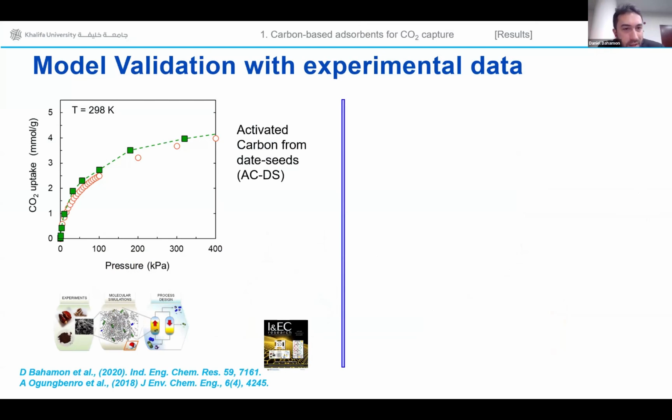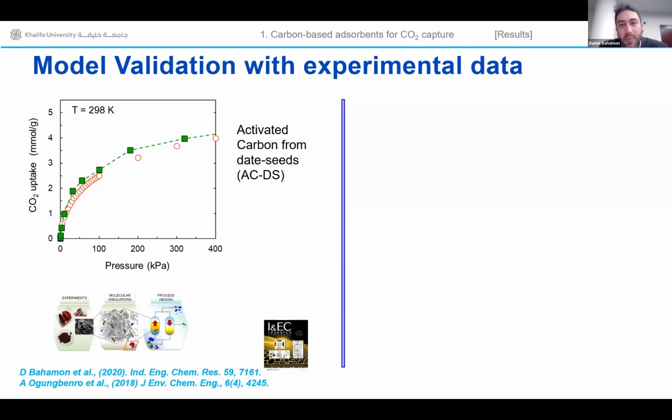I'm showing here on the left-hand side the validation of this activated carbon. As you might see, there is a good agreement. Of course, we elaborated hundreds of possible activated carbon models. This was the best model that matches the experimental results, so we use that one.